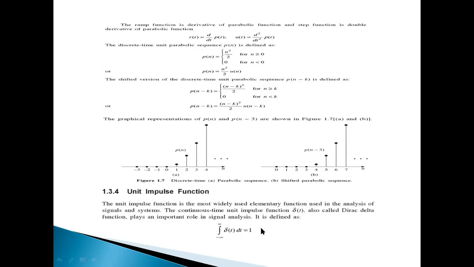This means the unit impulse function has only one value at n is equal to 0. The remaining values, n equal to 1, 2, 3 and the negative values n equal to minus 1, minus 2 and minus 3, are all zeros except at n is equal to 0.